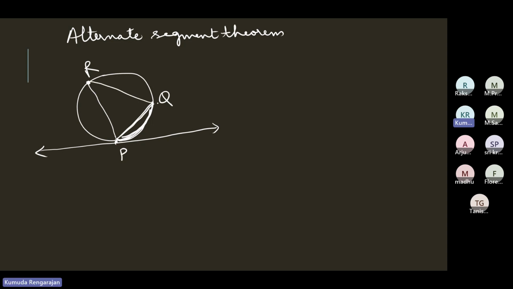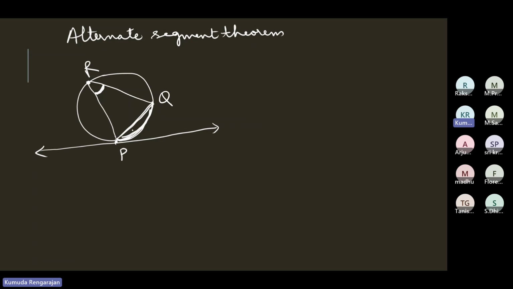If you join the endpoints of the chord to a particular point, that is the angle subtended by the chord at that point R. So PQ is the chord and angle PRQ is the angle subtended by the chord PQ at the point R on the circumference of the major arc.